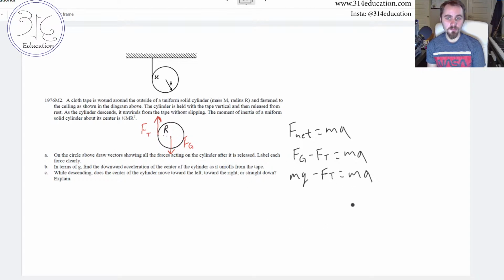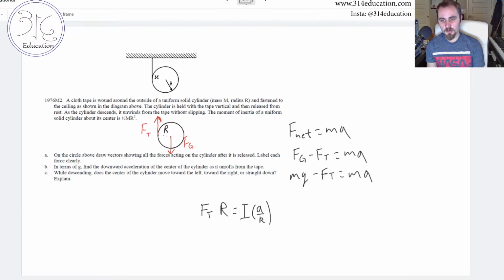But we can solve for Ft using our angular acceleration. This tells us our torque induced is going to equal Ft times r. This is the only torque in the system, so this is the only thing that's going to induce a rotation. It's going to induce an angular rotation of our moment of inertia times the angular acceleration alpha, which we know is equal to acceleration over r.